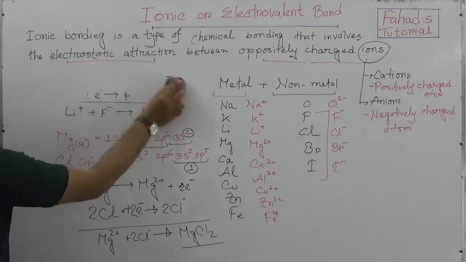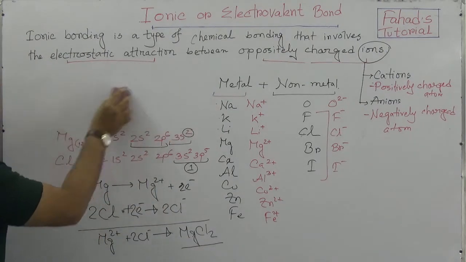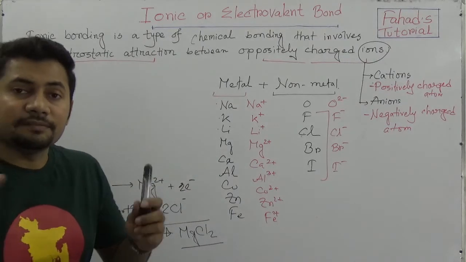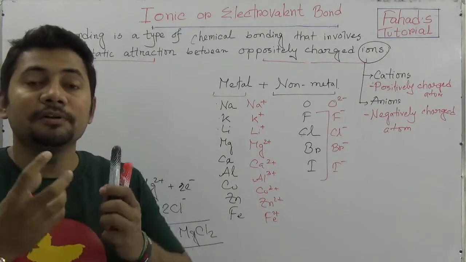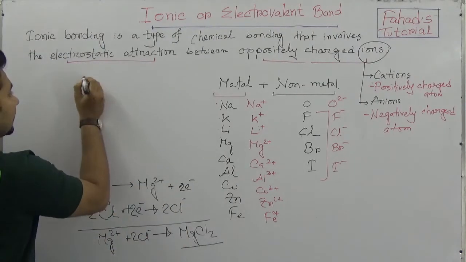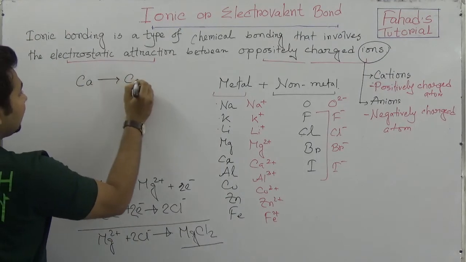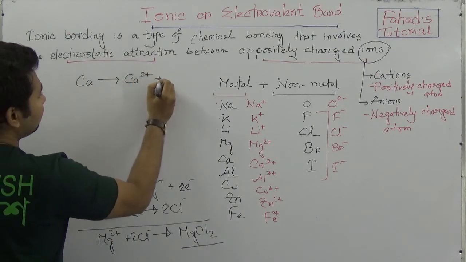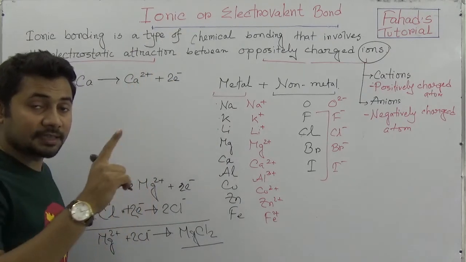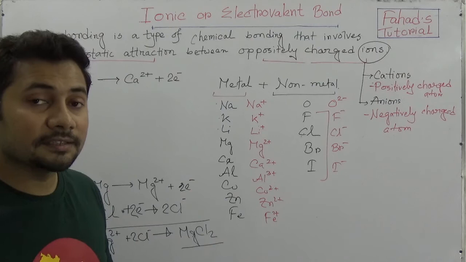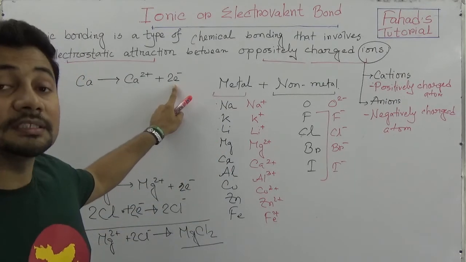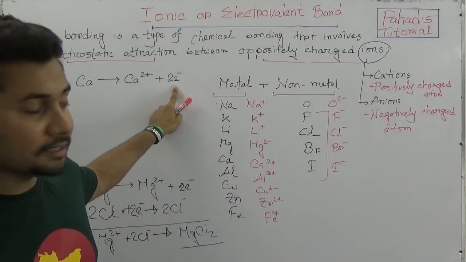Similarly, this is the same in case of calcium and chlorine. If the question is to show the bonding formation of calcium chloride, then we need to explain that calcium is becoming calcium 2 plus by donating 2 electrons, because calcium is in the second group and the 4th period, so it has 2 electrons in its outermost shell and it will donate them.